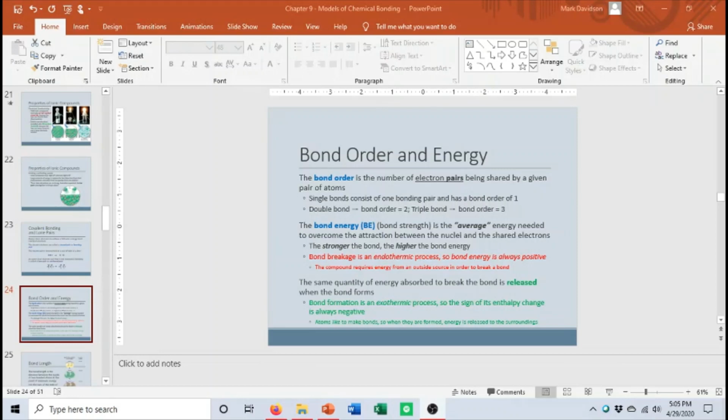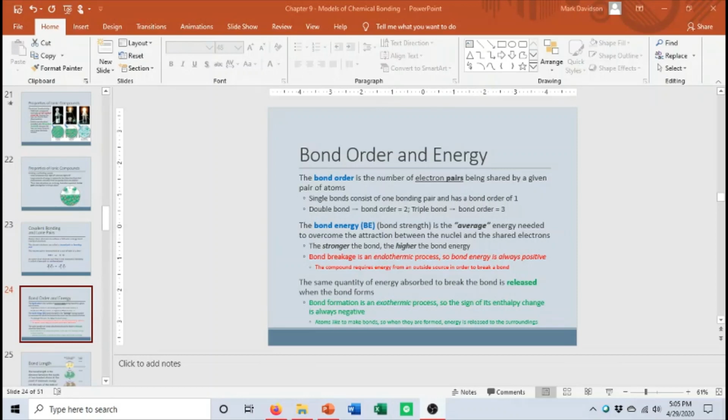And so one thing you have to understand and appreciate is, as I've been talking about in the previous couple slides here, bond formation is a good thing. Lithium fluoride, the whole reason for lithium solid and fluorine gas to even interact and join one another is to release energy.